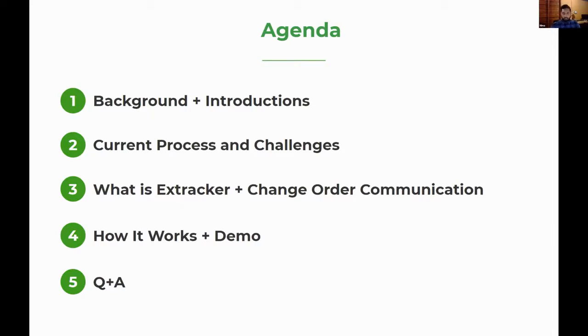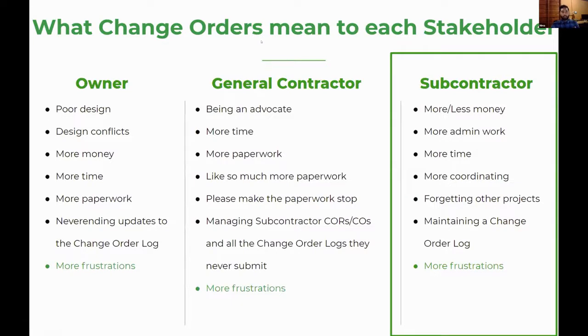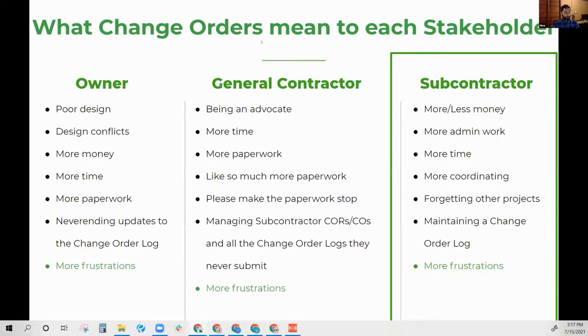So let's get started. I was thinking about what change orders mean to me, at least, and so I thought about what I think of as an owner's representative, as a general contractor, as a subcontractor.